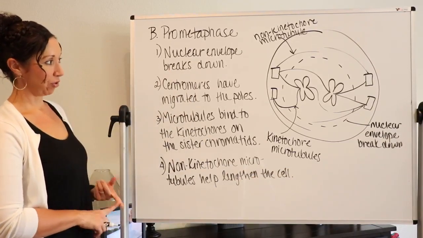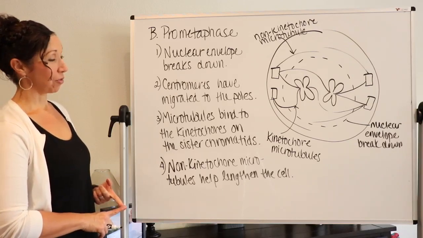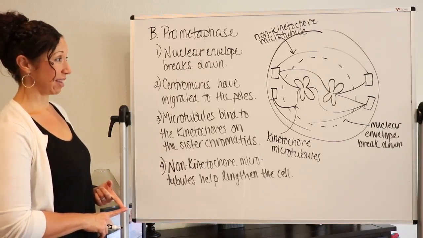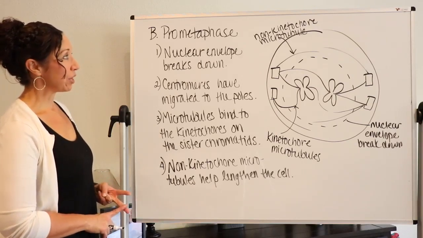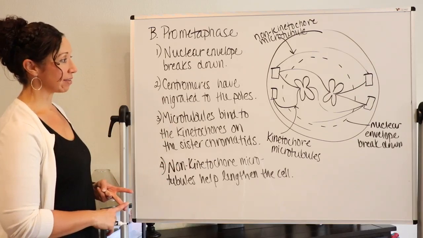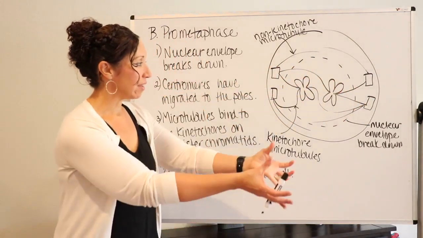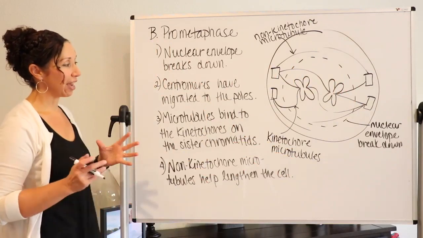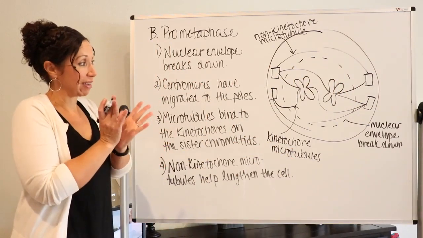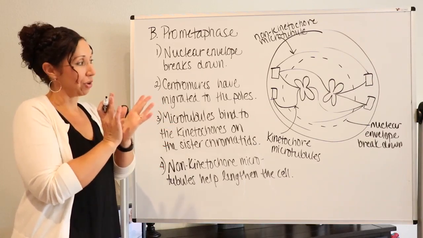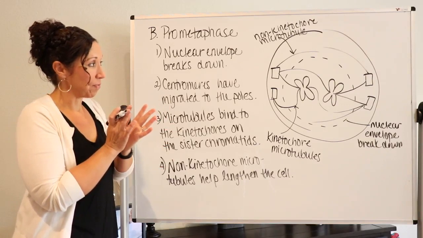Okay, so prophase. We're beginning to condense the DNA, the chromatin. It's getting pretty much completely condensed by this phase. Nuclear envelope is breaking down by the time we get to prometaphase. The centrosomes that were copied, and they're growing these microtubule fibers, are now able to get to the chromosomes, the sister chromatids, and latch onto their kinetochore region, and those guys are called kinetochore microtubules.